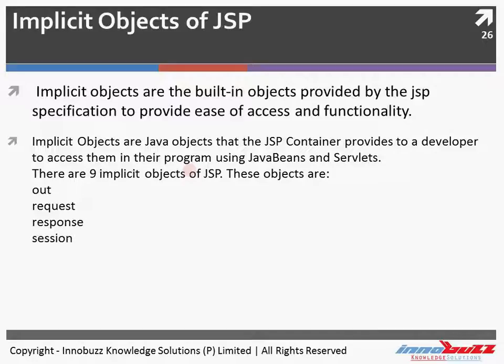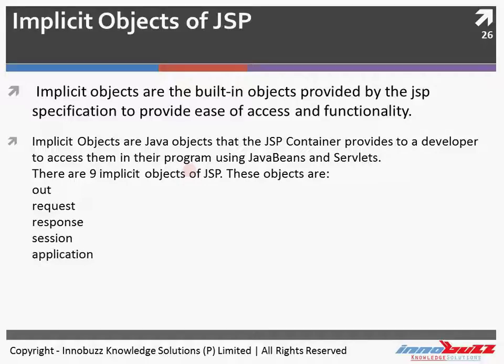Session. The session object represents the session created for the requesting client. Sessions are created automatically, and a new session is available even when there is no incoming session. The session object is of type HttpSession, which is in the package javax.servlet.http, and has a scope of session.